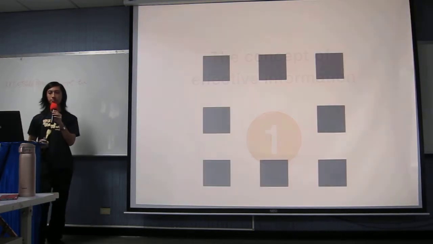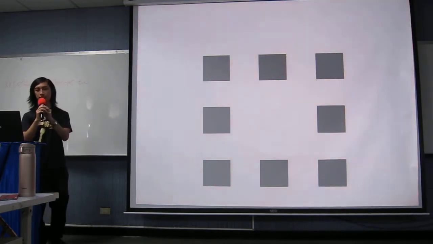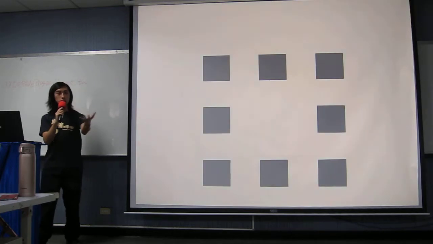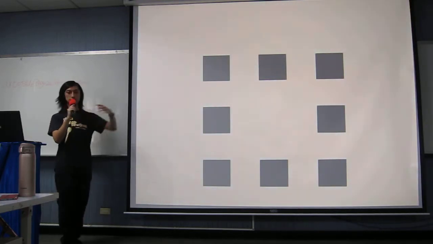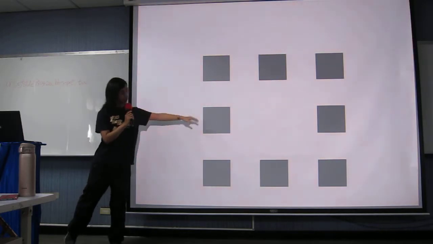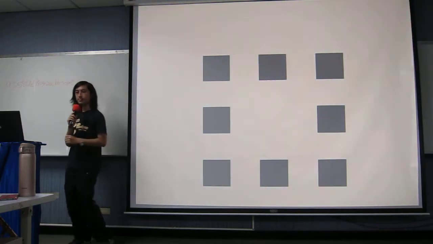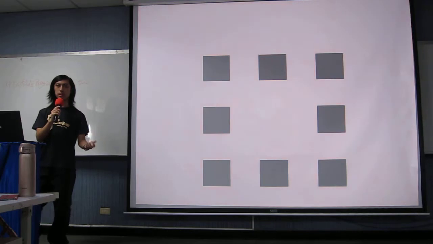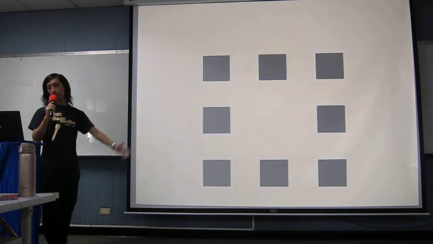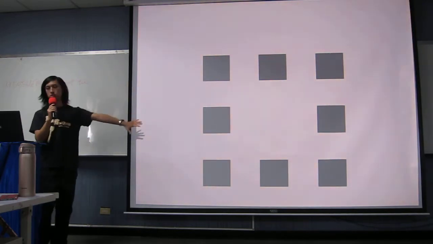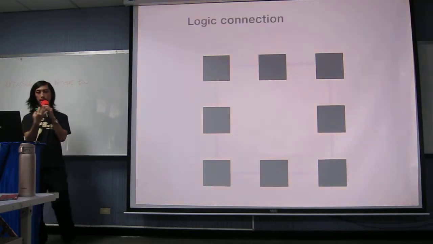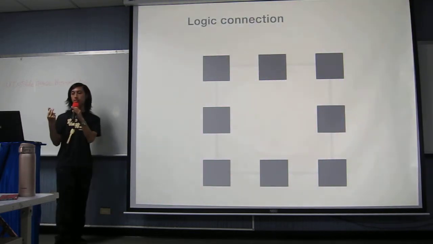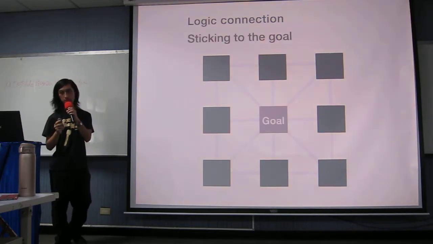Let's go. During your presentation, we convey tons of messages to our audience. And let me just use these black little squares to represent these messages. It may be your lines, your script, or your body movements. Among all these messages, some of them have logic connection, and they stick to the goal of your speech.